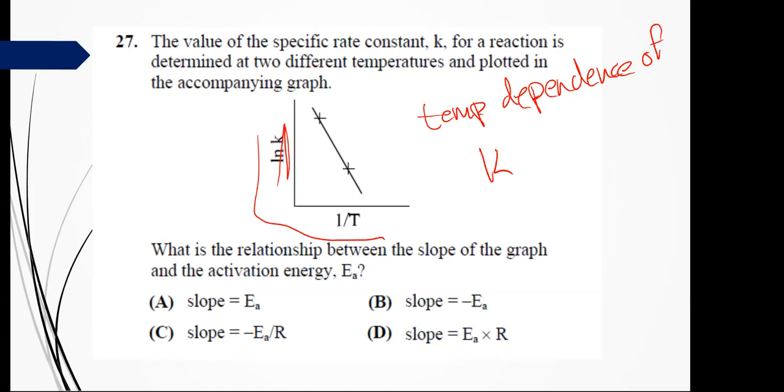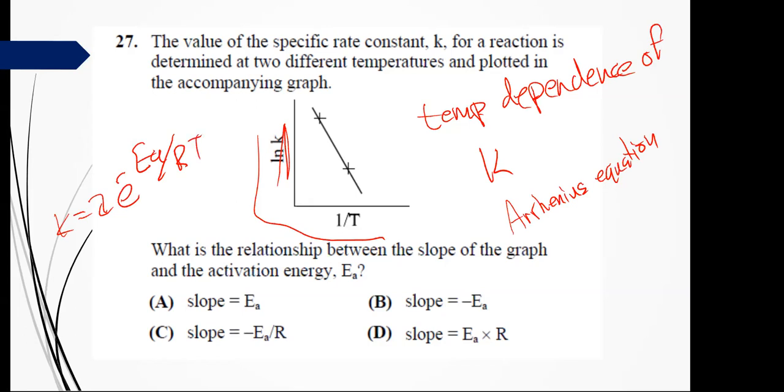Now, do we have an equation that helps us tie in our temperature dependence of K? Arrhenius's equation. So this is Arrhenius's equation. And what factor is also related to K and our temperature dependence of it? Negative EA over R. It's our activation energy. So if we have that K is equal to A times e to the negative activation energy over RT, and if we want to get this slope, then that becomes ln of K, where A is a constant, so it doesn't really matter.